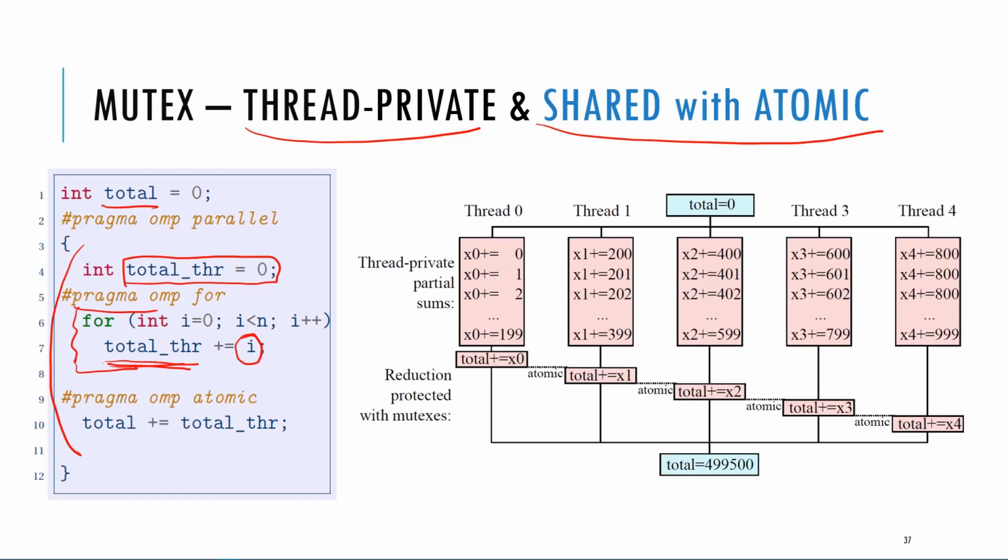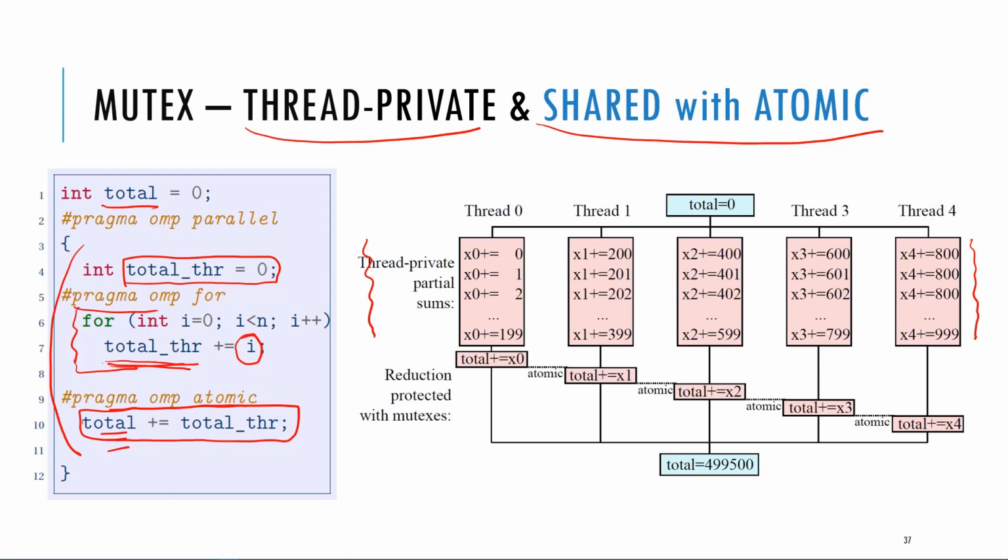And then finally, using this atomic directive or clause, we're making sure that those partial sums are summed up back inside the global shared total in a synchronized way. Okay, so you can see that no matter what n is, even if it's equal to 1000, suppose you have, let's say, static scheduling.